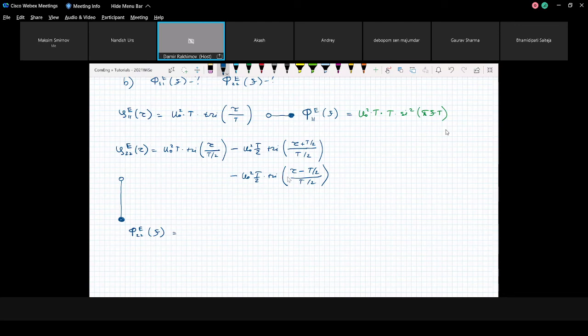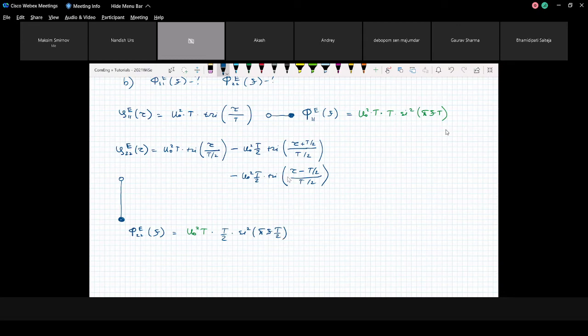We have three functions, and let's do the Fourier transform step by step. U0 squared times T times the Fourier transform of the triangular function: T over 2 times sinc squared of pi f T over 2.